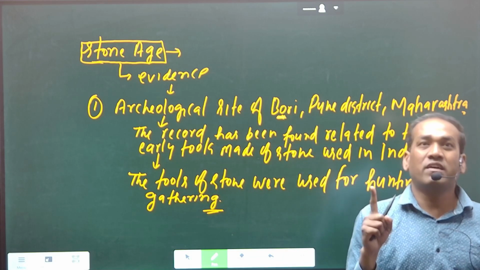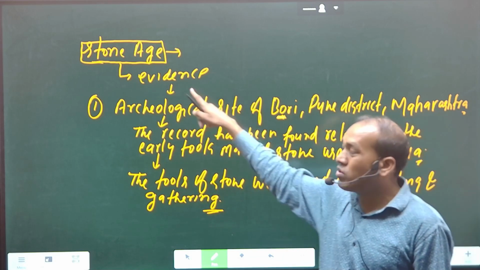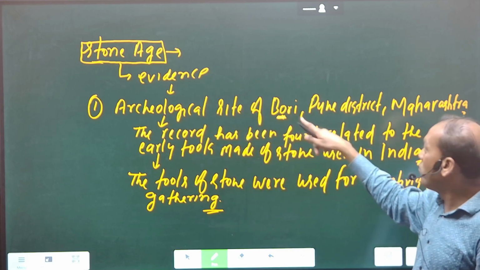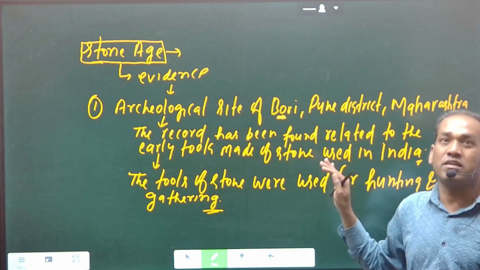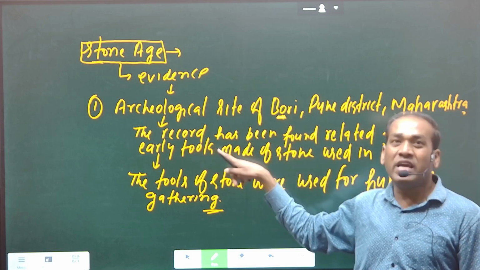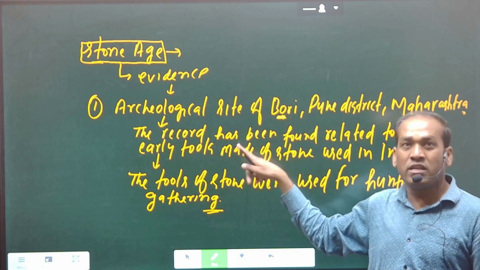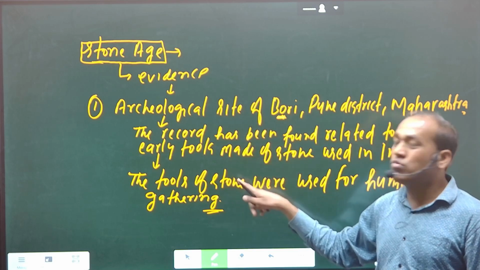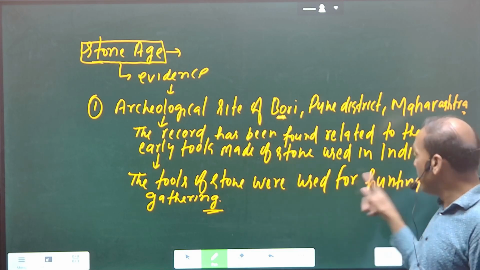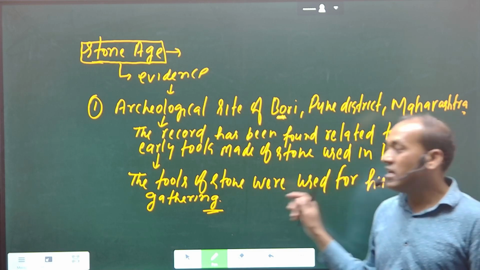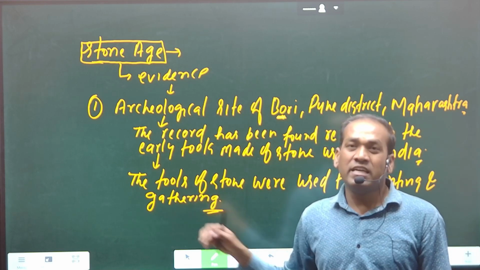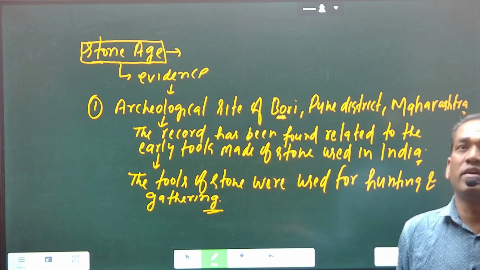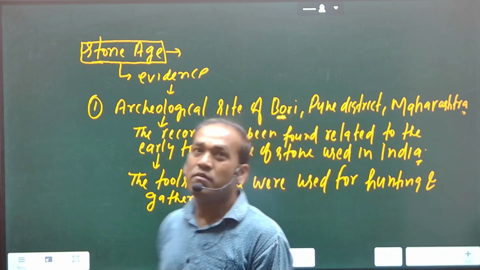The first evidence related to this Stone Age we have found from the archaeological site of Bori, Pune district, Maharashtra. Okay. So here we have found so many early tools made of stone, and these tools of stone were used by primitive man for hunting and gathering, for their survival purpose.